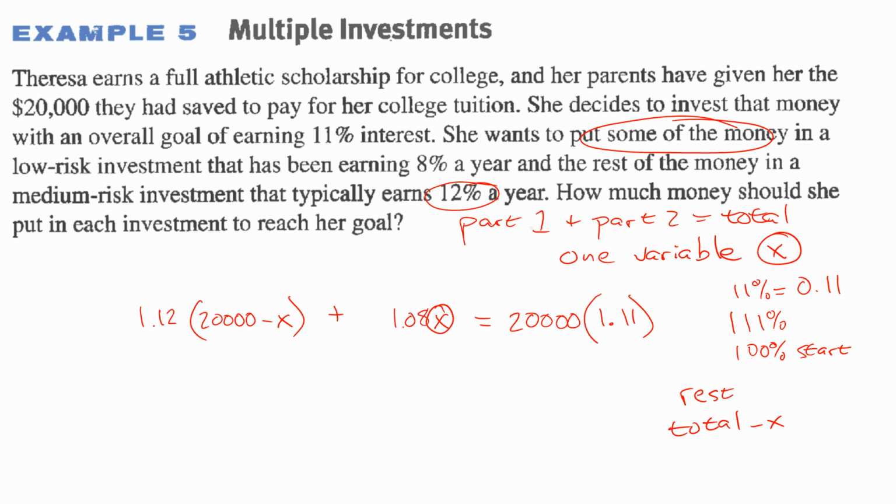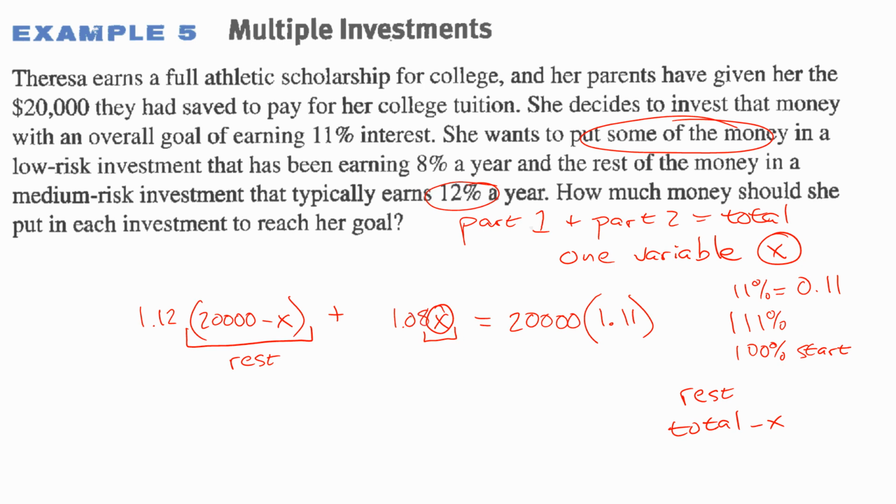Let's take a second to look at what we're doing here. We have some amount invested at 8%, and the rest at 12%. The rest is whatever's left over from the 20,000 that we didn't spend here.